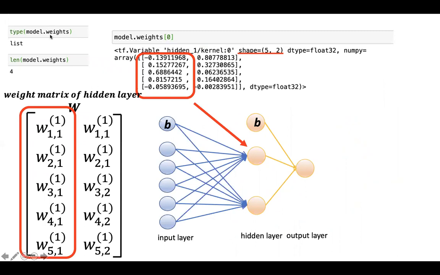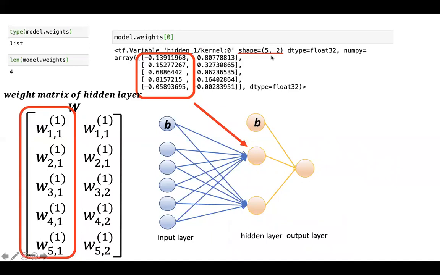If we call model.weights, we can get the weights that are currently initialized by the model. Basically, it will return a list. The current list has 4 elements, and the first element stores the weights for the first layer for the 2 hidden neurons. So the shape of these weights is 5, 2.